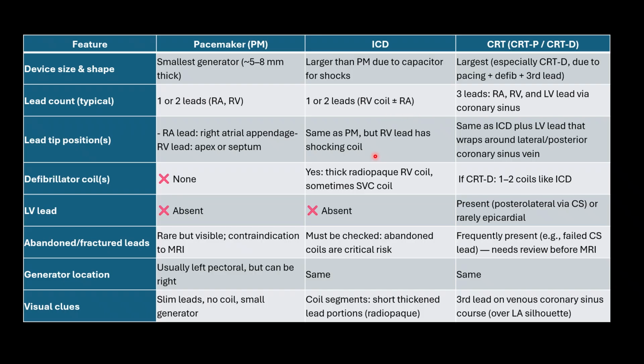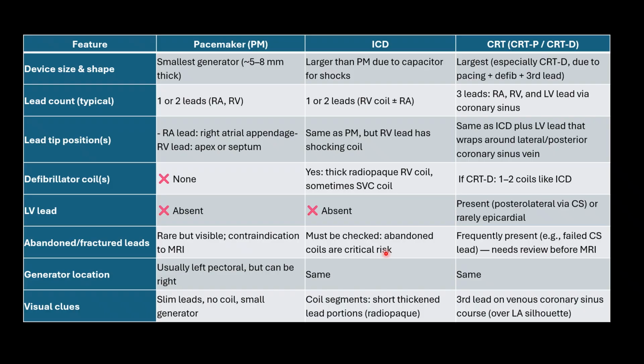Also, the tip position of the leads is like the pacemaker, but the differentiation from the pacemaker is the presence of shocking coils, which appear as thickening at the end. In a defibrillator on X-ray, we will find radio-opaque thick coils, sometimes also present in the superior vena cava. Left ventricle leads will be absent.